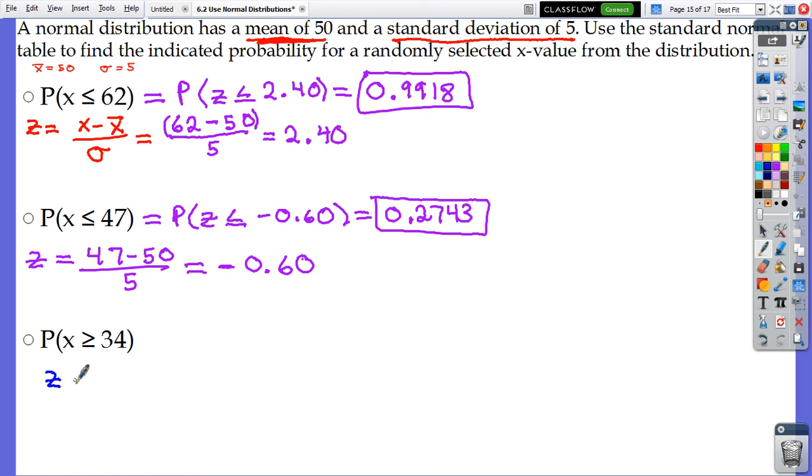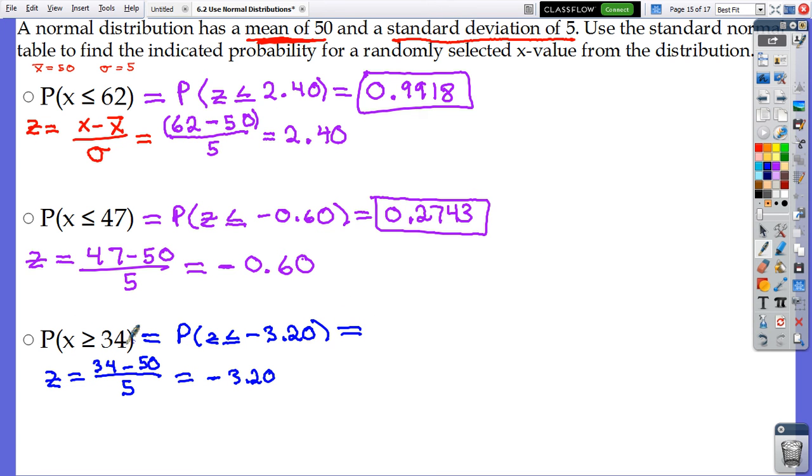Z equals 34 minus 50 over 5, and I get negative 3.20. From there, this becomes the probability that Z is less than or equal to negative 3.20.